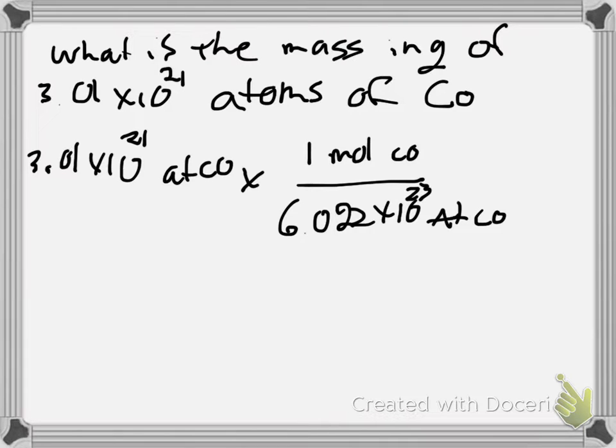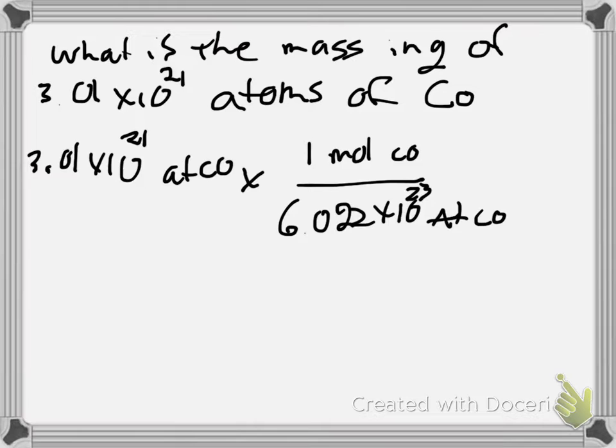Okay, so if we do this math, we're still going to divide 3.01 by 6.022, but this time the exponents don't totally cancel out, right? This time we are left with 21 minus 23, which is -2.